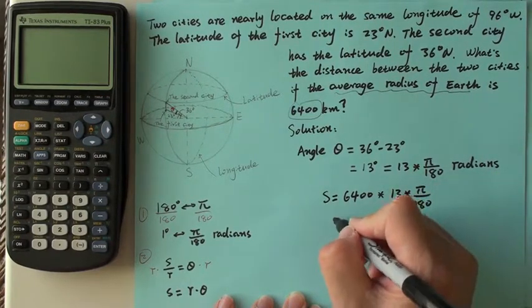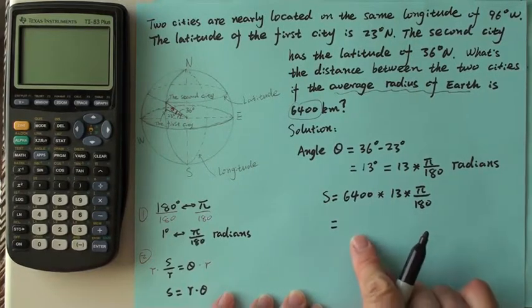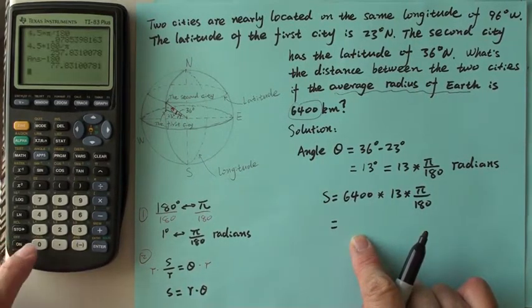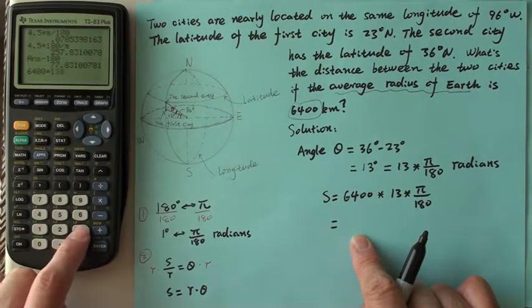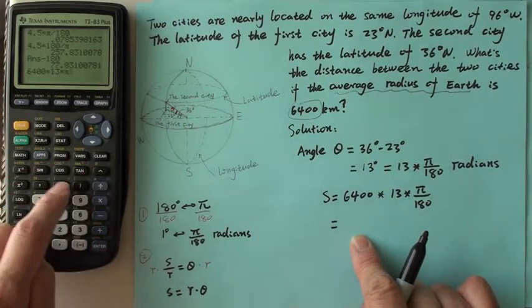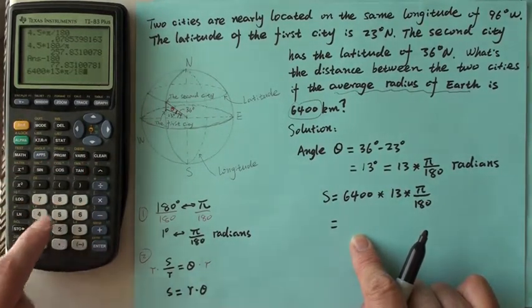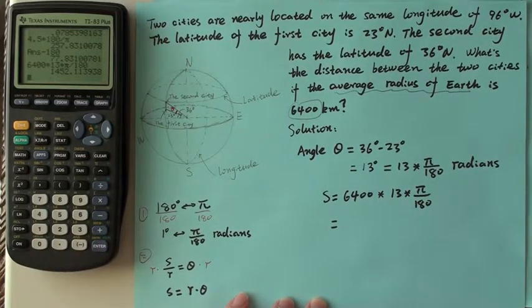Alright. Now you have to find this through the calculator. That will be 6,400 times 13 times pi divided by 180. You hit enter, you then have the answer.